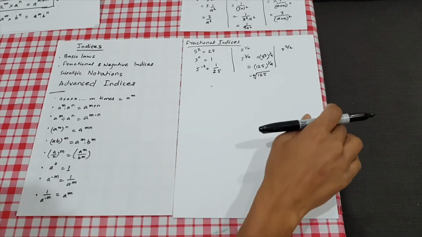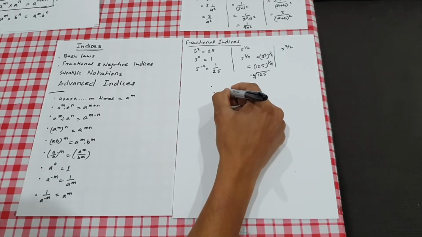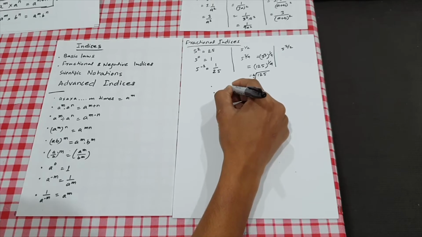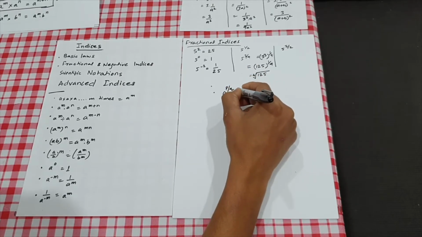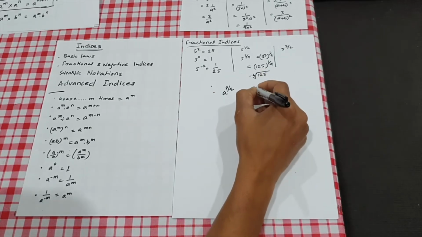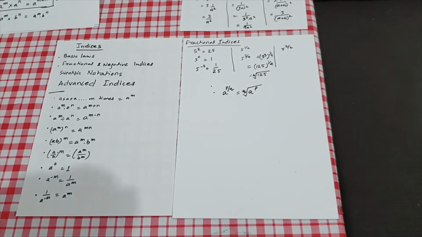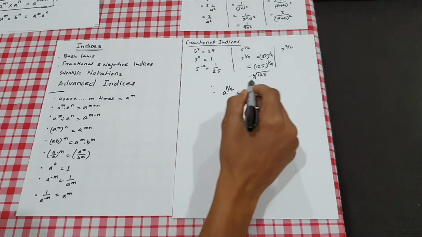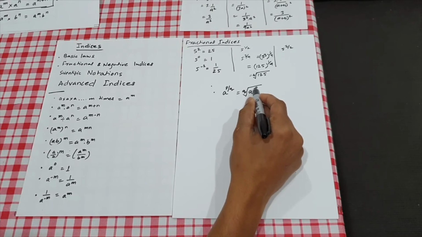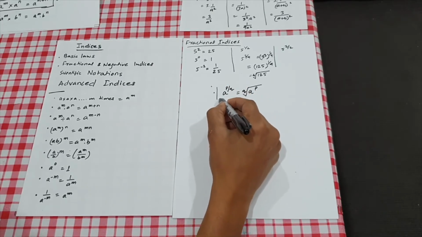We'll learn about this a bit more, but essentially what we're saying is if you have a to the power p by q, this can be written as a to the power p, which is the numerator, and then the q-th root. This is how we simplify this. The numerator can be used as a standard index and the denominator is the root of the power.